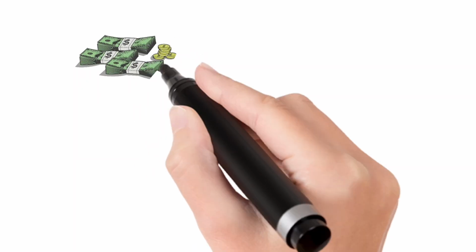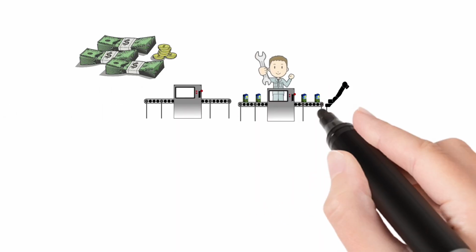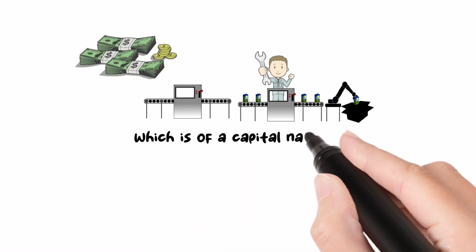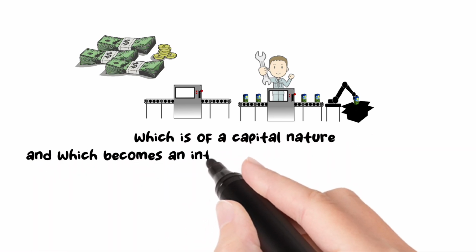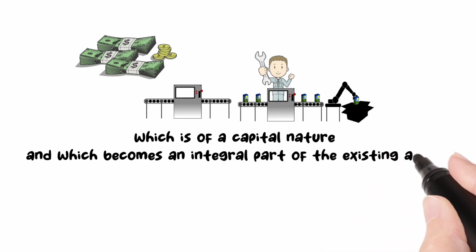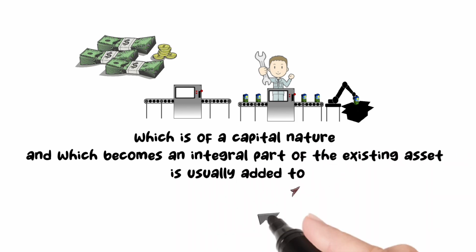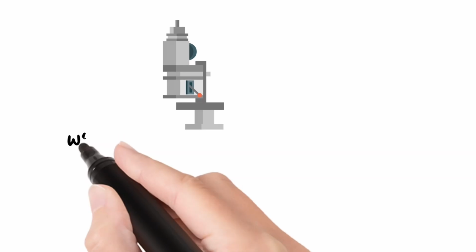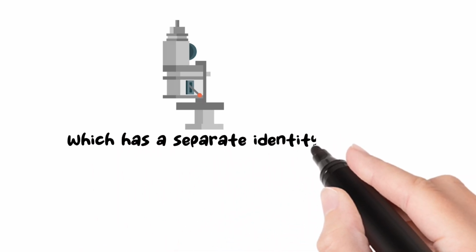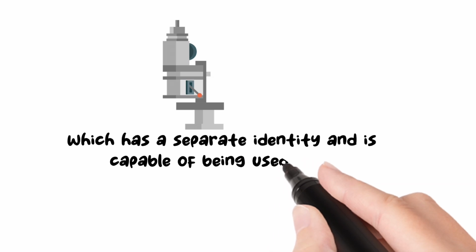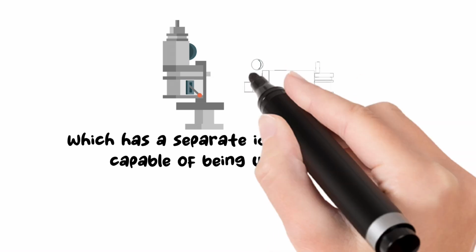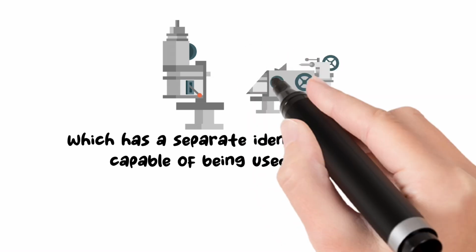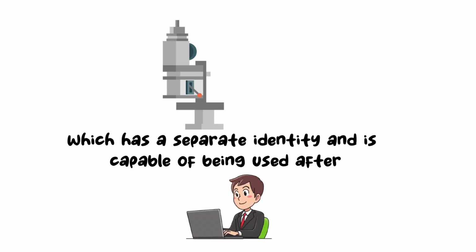The cost of an addition or extension to an existing asset, which is of a capital nature and which becomes an integral part of the existing asset, is usually added to its gross book value. Any addition or extension which has a separate identity and is capable of being used after the existing asset is disposed of is accounted for separately.